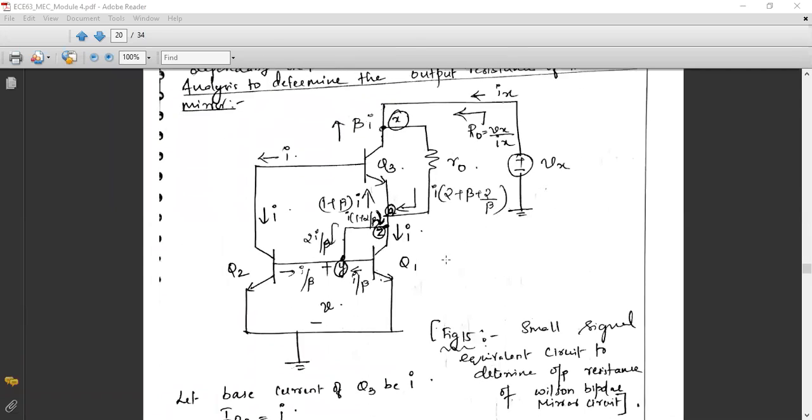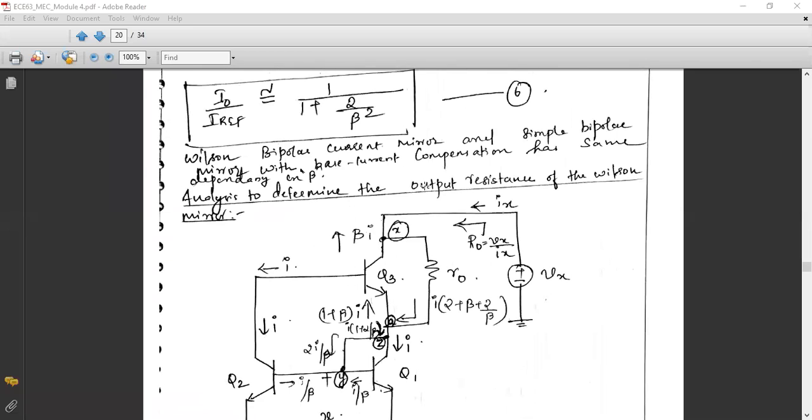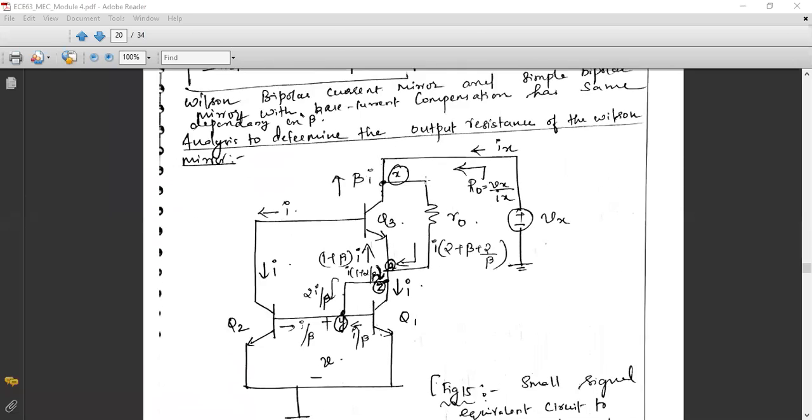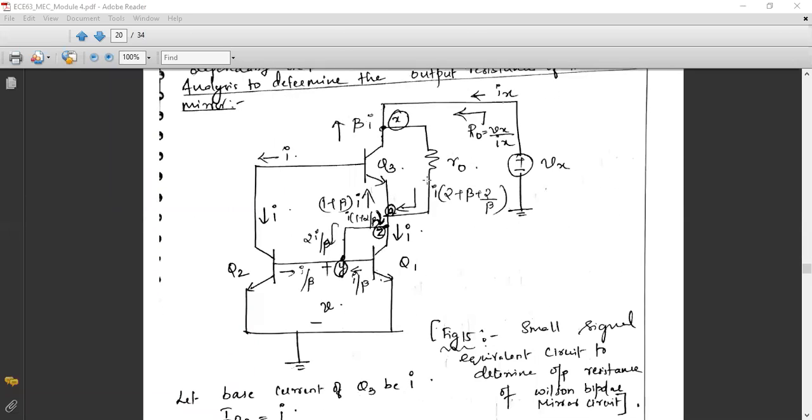So all of you draw this circuit diagram. This is a circuit for a bipolar current mirror using Wilson's. So it is called Wilson's bipolar current mirror, and this is a small signal equivalent circuit which is used to determine the output resistance of the Wilson mirror.